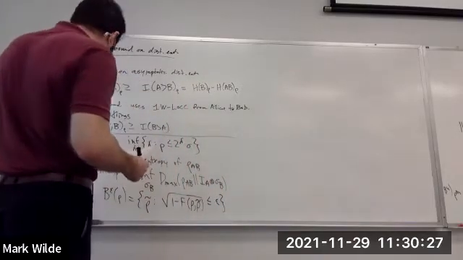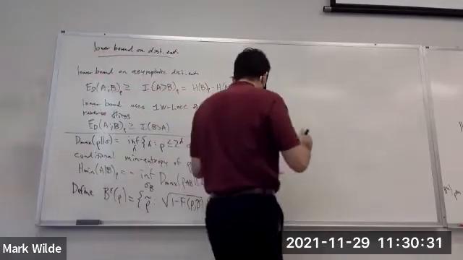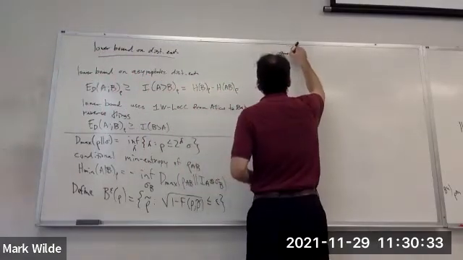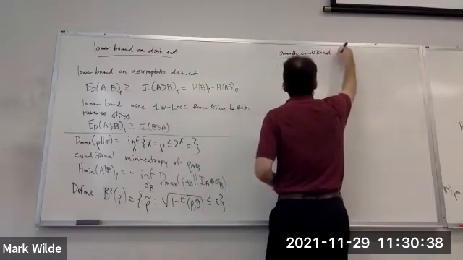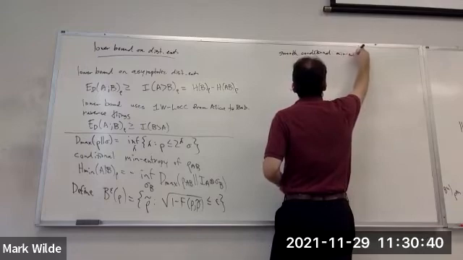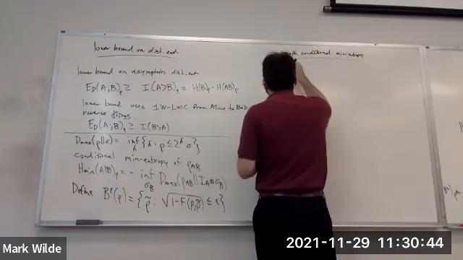Okay. And then once we have that, we can define smooth conditional min entropy. It's like this.